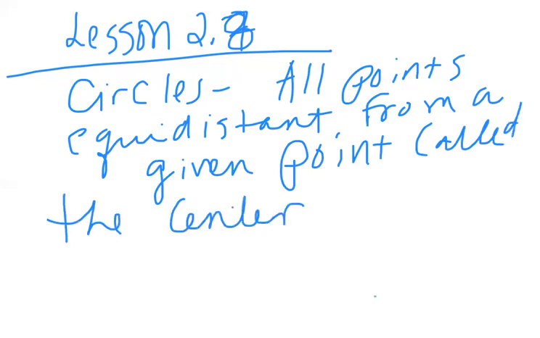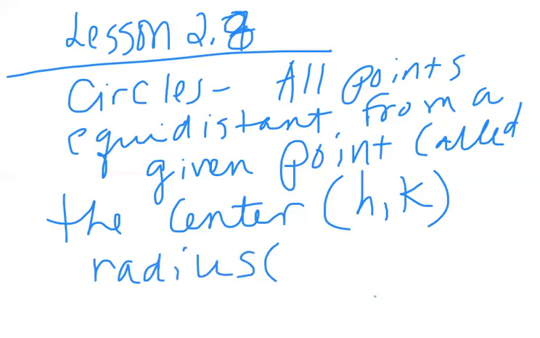And the center coordinate, we refer to it as h, comma, k. All right? Now, the distance from that given point to the center is called the radius. The distance from the center to any point on the circle, guys, is called the radius. All right, that's the segment from the center to any point on the circle.